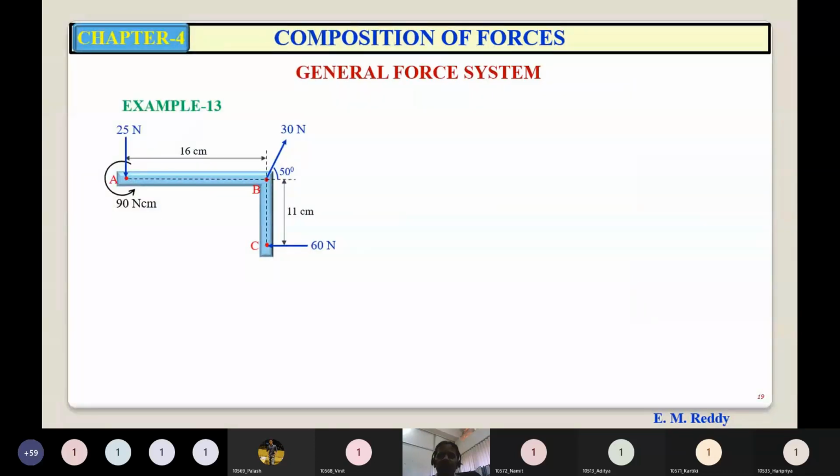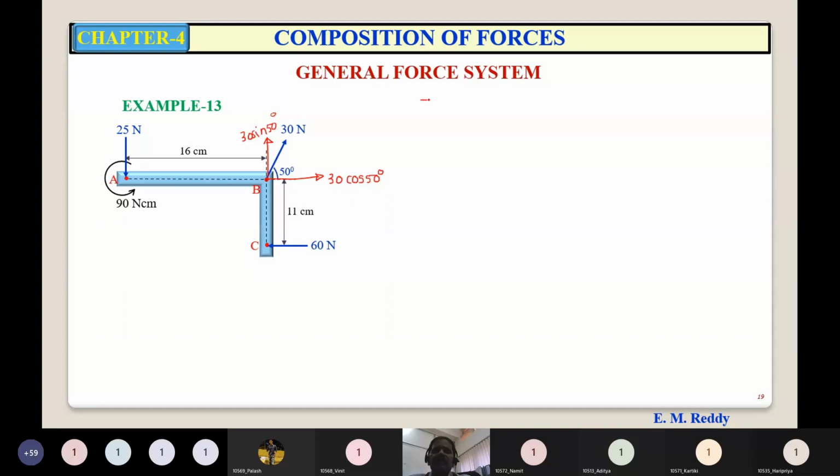So this is the given figure. To find the resultant force, first you have to resolve each force into X and Y components. So resolving this into X component, we have 30 cos 50, and 30 sin 50.